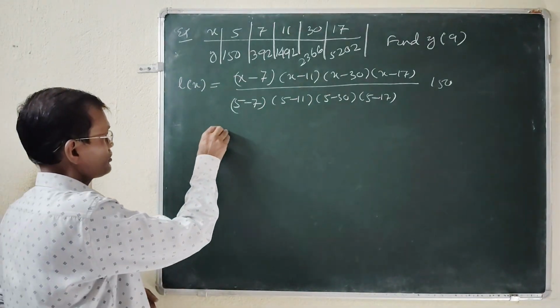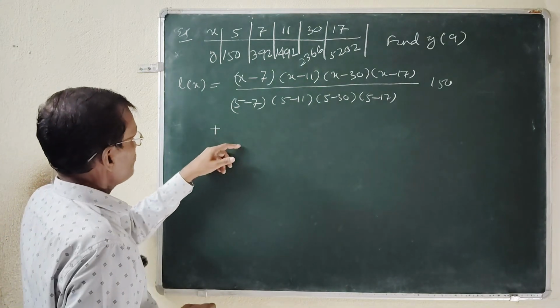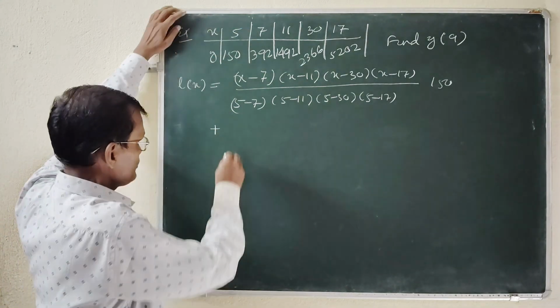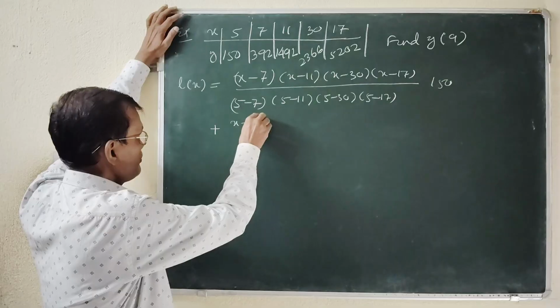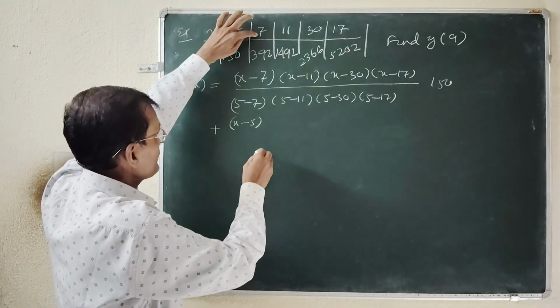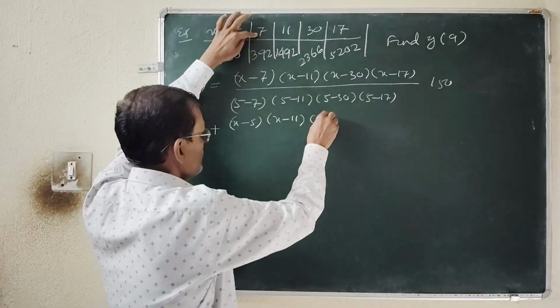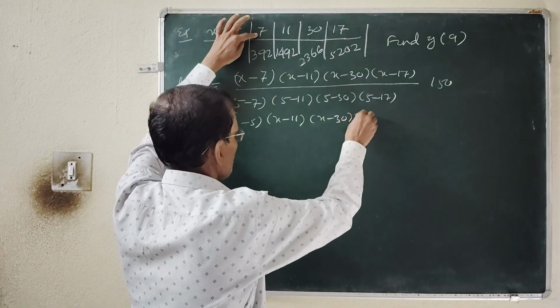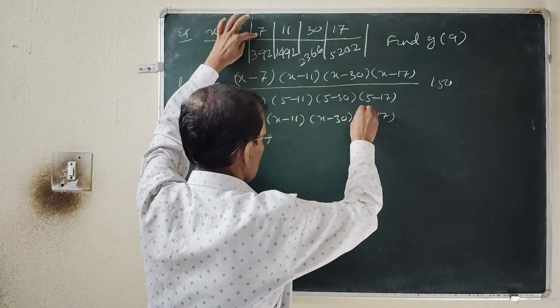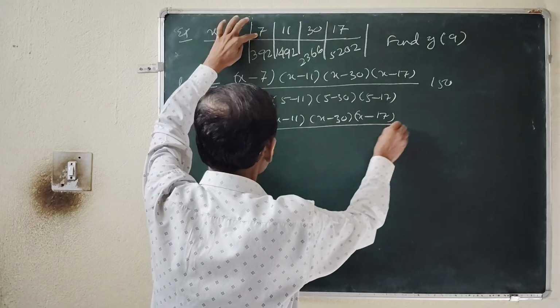Then the next term, plus. In the next term we will neglect this 7. That means x minus 5, then x minus 11, then x minus 13, then x minus 17.